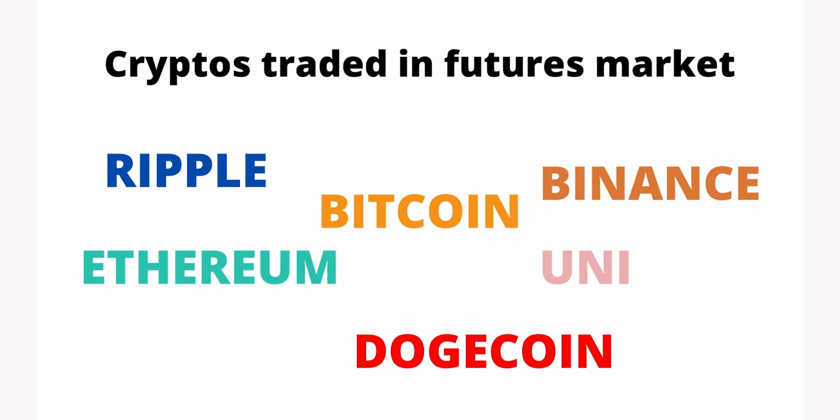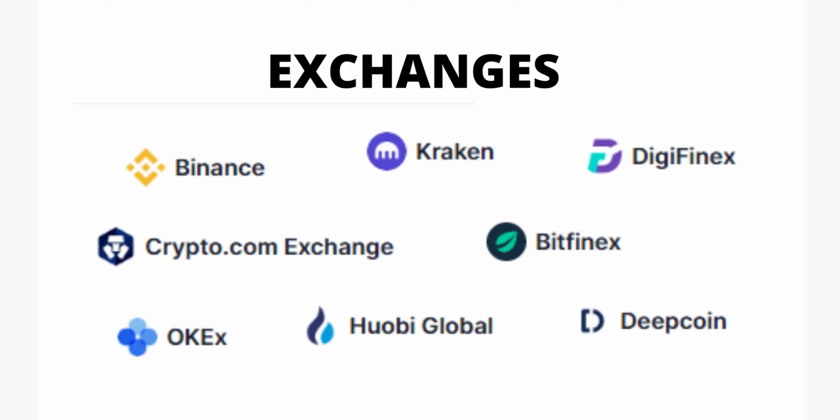There are many cryptocurrencies which are traded in futures market like Bitcoin, Ethereum, Ripple, Binance, Dogecoin, and also there are many exchanges that you can trade in futures market easily. Now, what are the benefits of futures market?